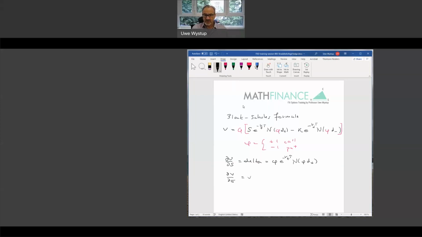That's called vega. Again, I'll tell you what the answer is. That's going to be the discounted spot at the foreign rate, times the square root of time to go T, times N prime of d plus, where N prime is the normal density.